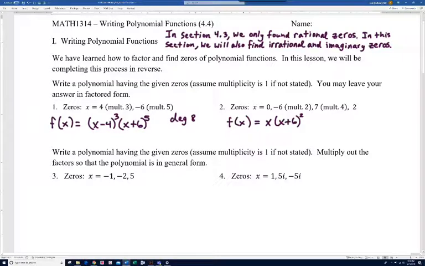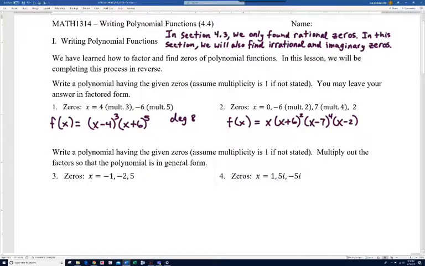And since the multiplicity is 2 there, we have two factors of x plus 6, which we write as x plus 6 squared. 7 is a zero, so x minus 7 is a factor. Multiplicity is 4, so that's to the 4th power. And finally 2 is going to be a zero of multiplicity 1, so x minus 2 is the factor.